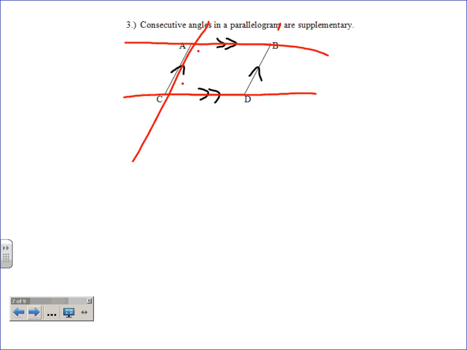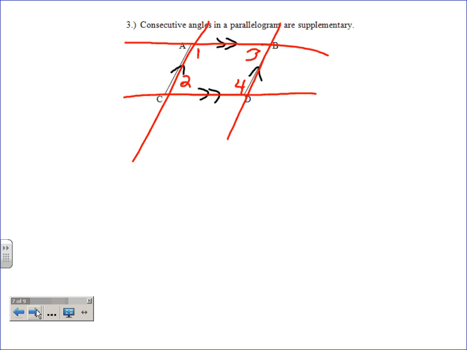And same thing over here, because these, what were these called before? They were called consecutive interior, right? Now we just call them consecutive because we're not talking about necessarily parallel lines and a transversal. We're just saying, let's look here. And so what we know is basically, we'll call it angle 1 and angle 2 have to add together to be how much? 180. Angle 3 and angle 4 must add together to be 180.